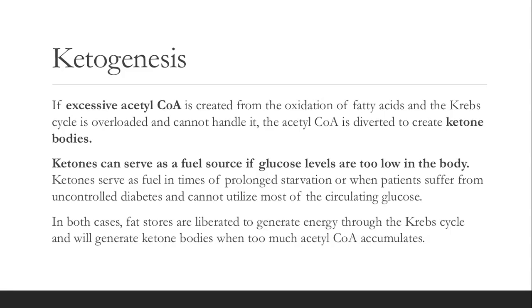It's basically eating a very small amount of carbohydrates so that your body then goes into ketosis and uses ketones as a fuel source. In the cases that we've talked about, fat stores get liberated to generate energy through the Krebs cycle, and it'll generate ketone bodies when you get too much acetyl coenzyme A. So basically what happens is you starve your body of easy to obtain glucose, and then it has to go into your fat stores to get acetyl coenzyme A and make basically ATP at the end of it.